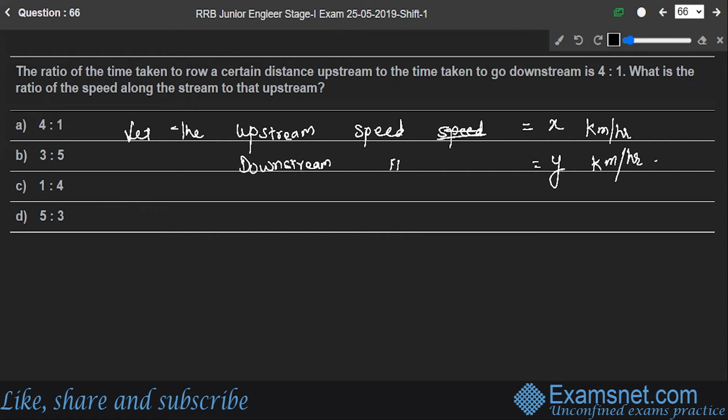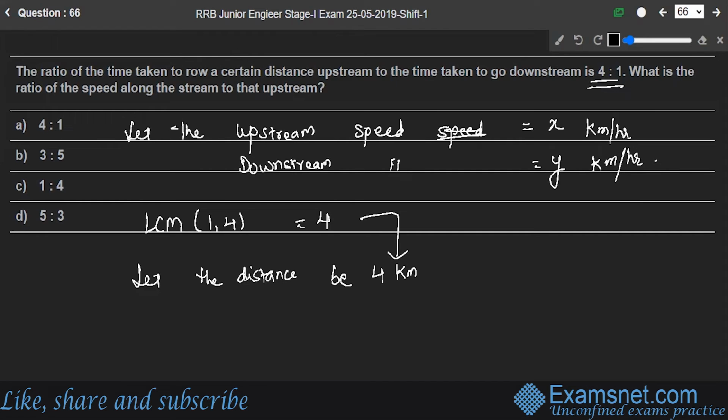Okay, now what is there is a 4:1, the time taken is 4:1. LCM of 1 and 4 is equal to 4. So let's say the distance, but we are not given the exact distance. So let's say the distance is equal to 4 kilometers, which is actually the LCM of 1 and 4.